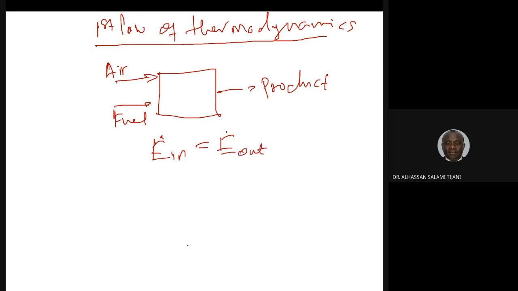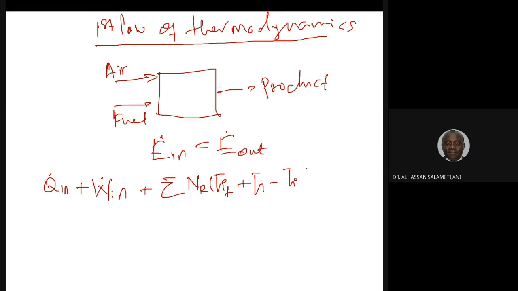So for a control volume system, we have Q in plus W in, which is the work input, plus the fuel, the number of moles of the reactant, given by the enthalpy of formation of the reactant at standard state plus the enthalpy at a given state minus the enthalpy at standard state.